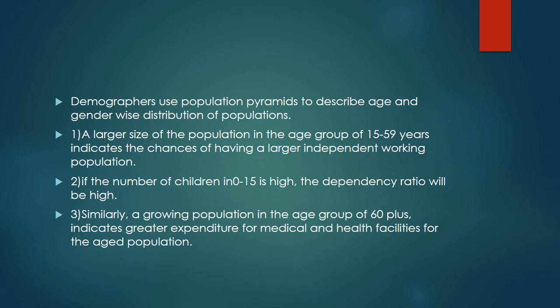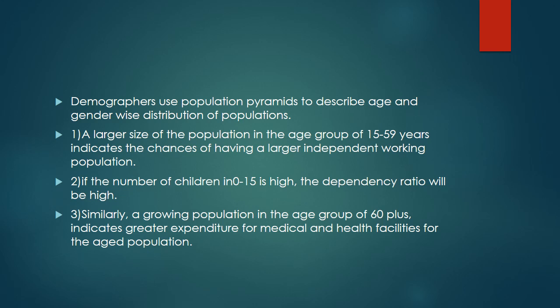Demographers use population pyramids to describe the age and gender-wise distribution of the population. Only two things are mainly seen in the population pyramid: first is the age and second is the sex. So from the population pyramid, we get information about the age and how many males and how many females are there at that particular age.